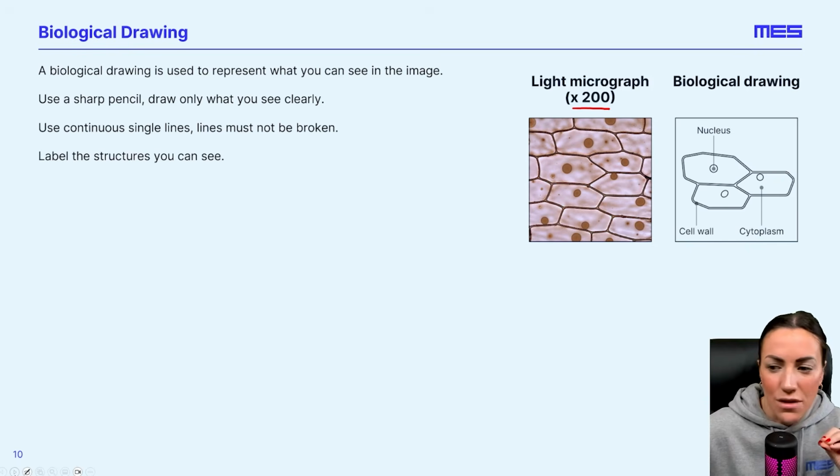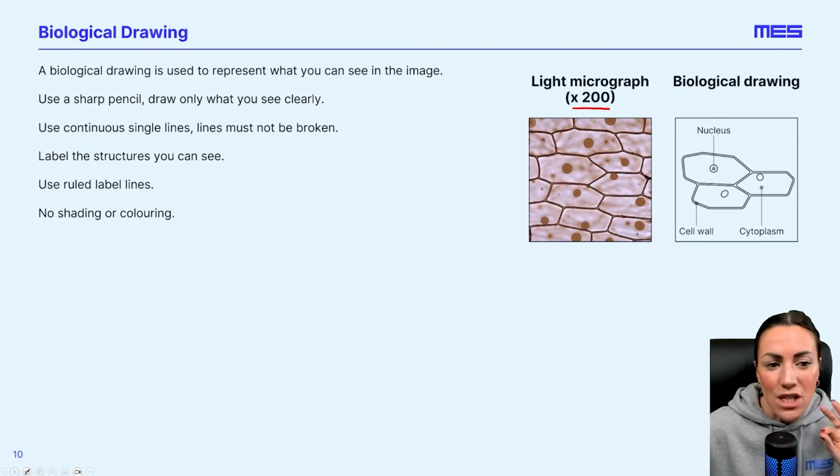Label the structures you can see. You can see on the biological drawing here, we've used ruled label lines and we've only labelled the structures that are visible that we can identify. There should be no shading, no colouring on a biological drawing, and you should try to include a title, for example, onion cells under the light microscope, and the magnification that was used.